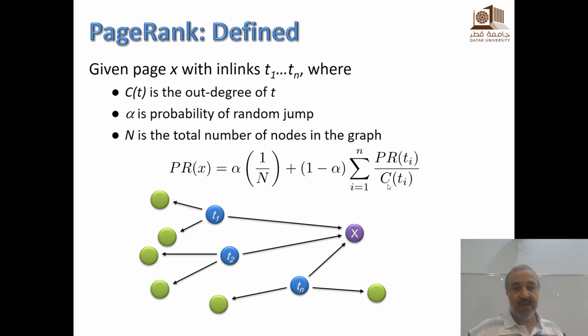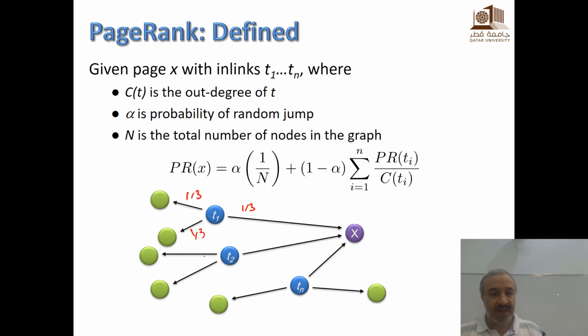Okay? So for example, if we look at this graph, T1 has 3 outlinks, right? So it's like PageRank of T1 is distributed over the 3 links. 1/3 here, 1/3 here, and 1/3 here.